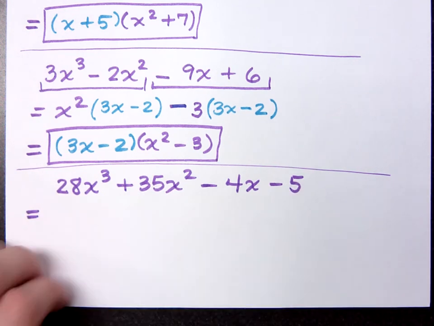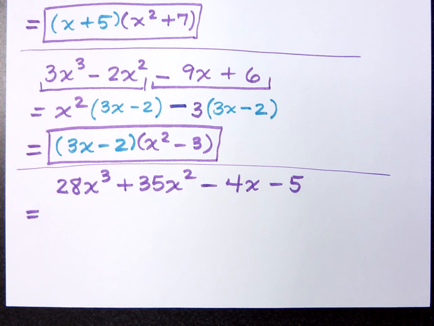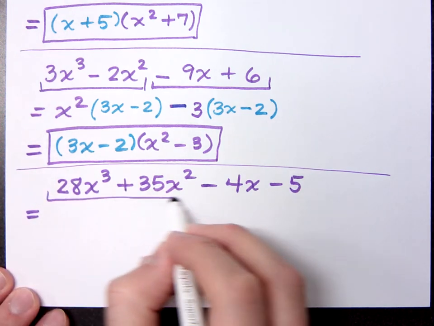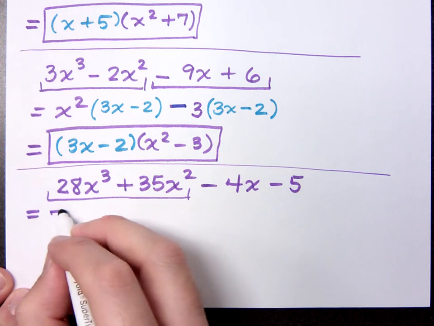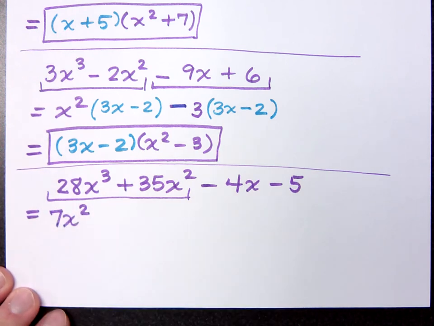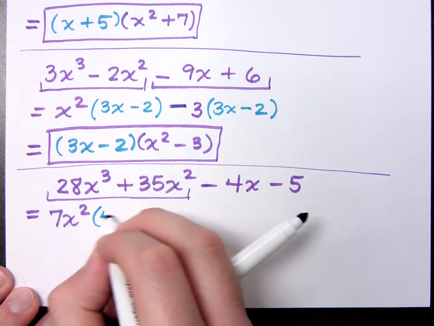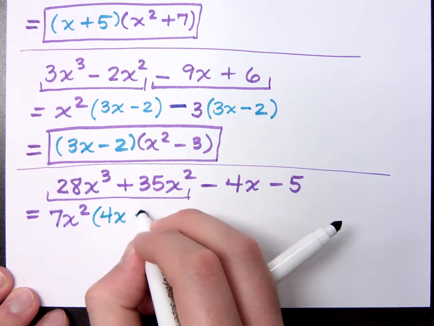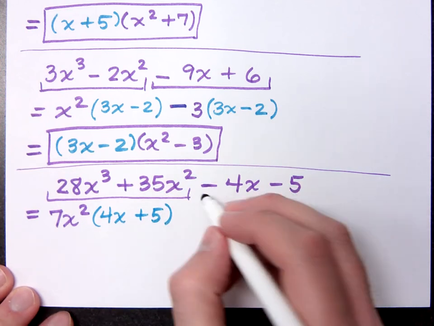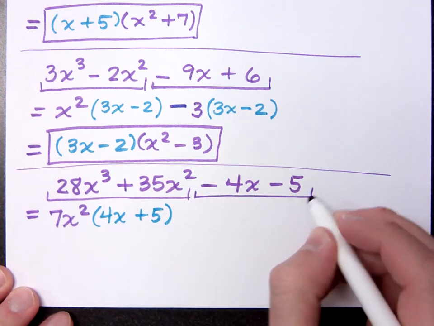Is there a common factor to take out of everybody here? Not to take out of everybody. But if I look at my first group, what's my common factor? 7x squared, and what would you be left with? 4x plus 5.